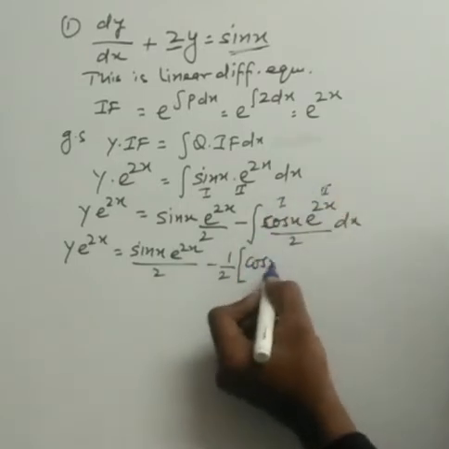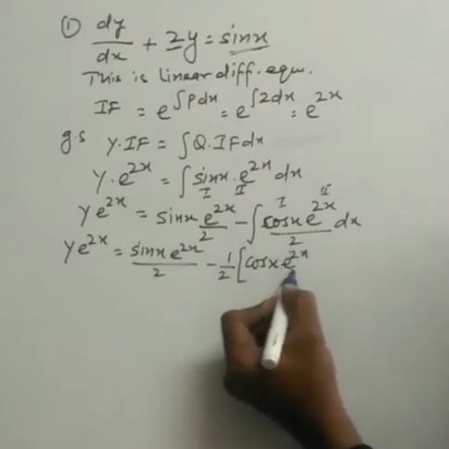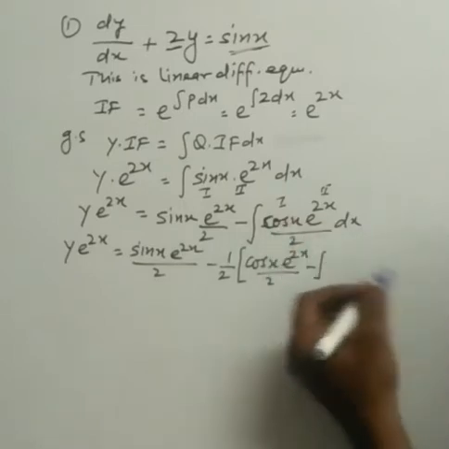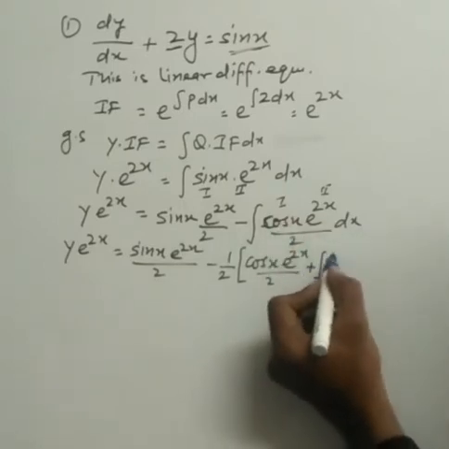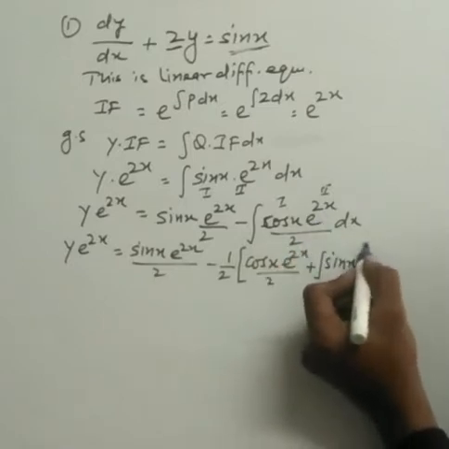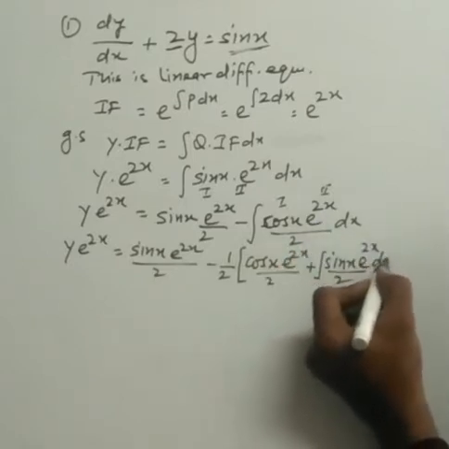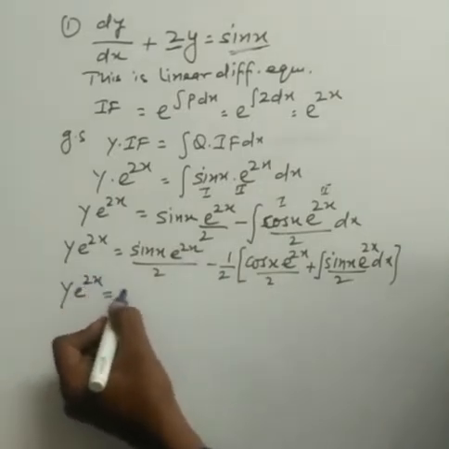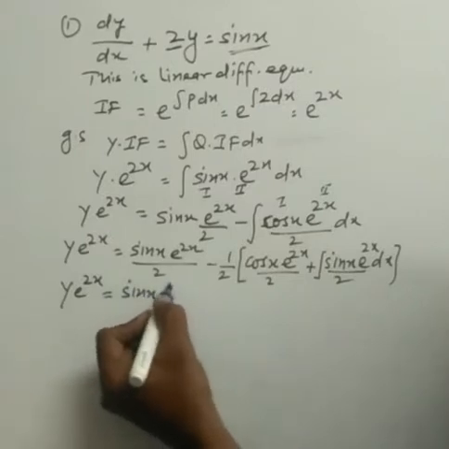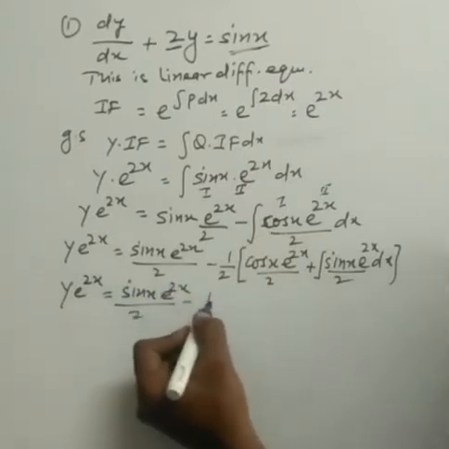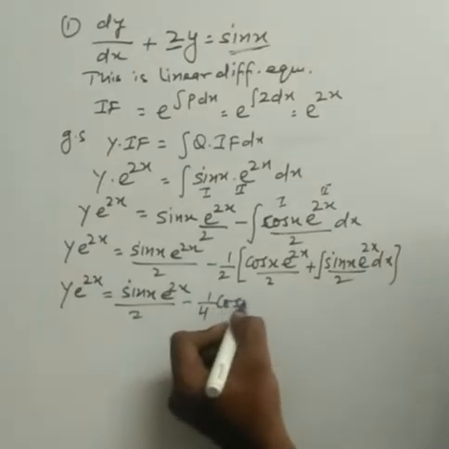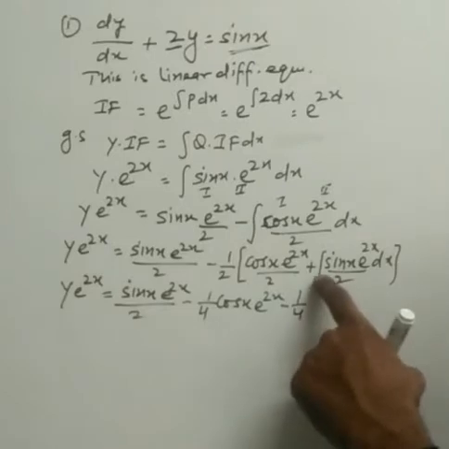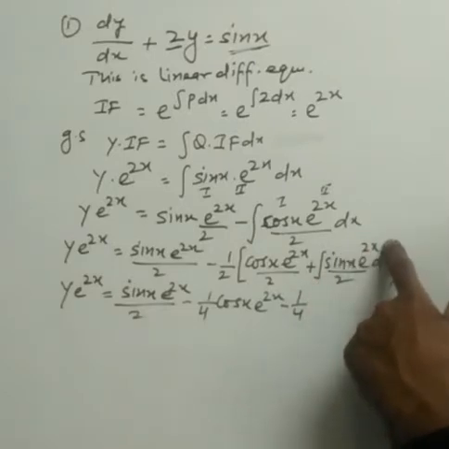Integration of the first is e power 2x upon 2, minus integration of d by dx of cos x, which is minus sin x, so here it becomes plus, times e power 2x upon 2 dx. So y e power 2x equals sin x e power 2x upon 2, minus 1 upon 4 cos x e power 2x, minus 1 upon 4 integration of sin x e power 2x dx.